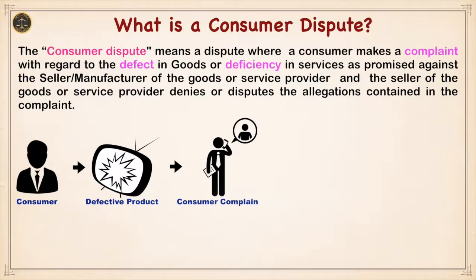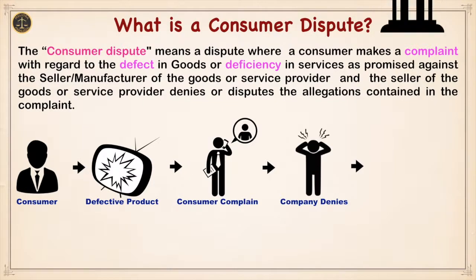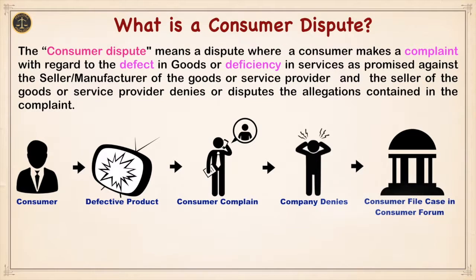You will be complaining to the person from whom you bought that product or took the services. If he solves your problem by listening to you properly, fine. Or if he doesn't solve your problem, denies to listen to your problem, then you need to go to your consumer forum and file a case.